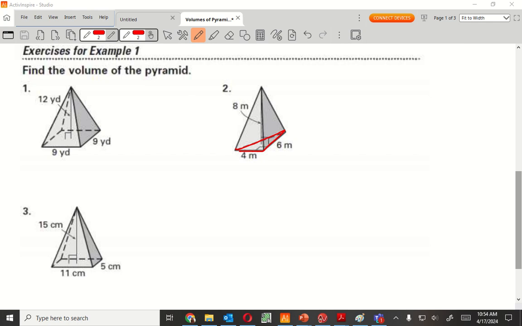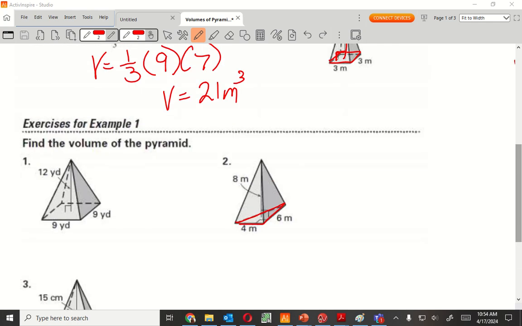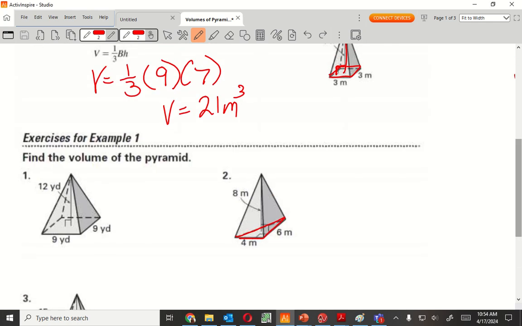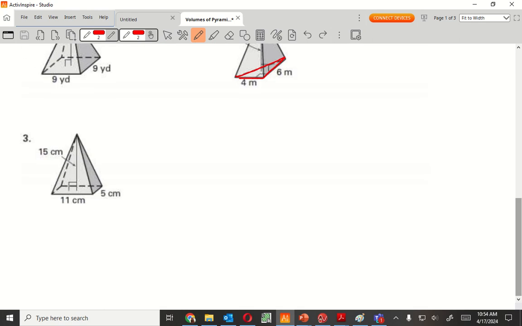That's wrong. Yeah. You got the whole thing? Yeah, this is 9 and 7, that was the same thing. Oh, okay, that's what I was looking at. This is wrong.